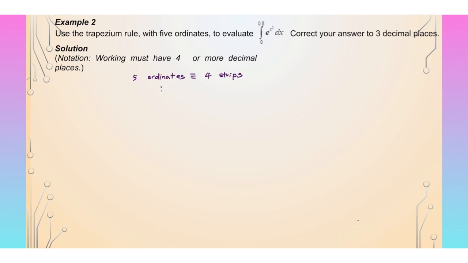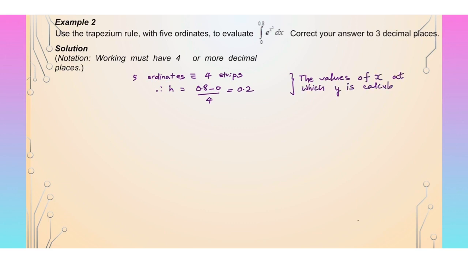5 ordinates is equivalent to 4 strips. So therefore, h should be 0.8 minus 0, the bigger value minus the lower value, over n. So we have 0.2.